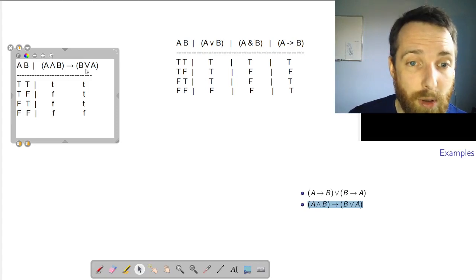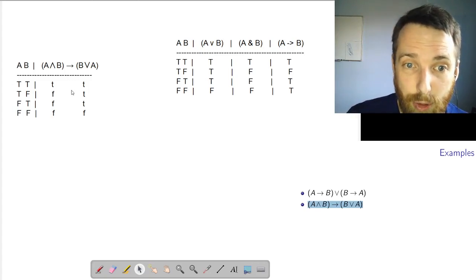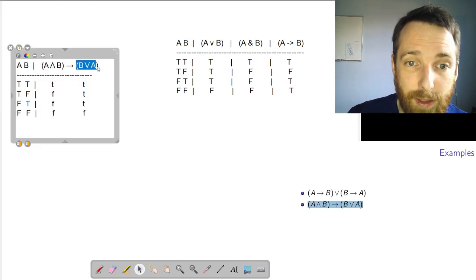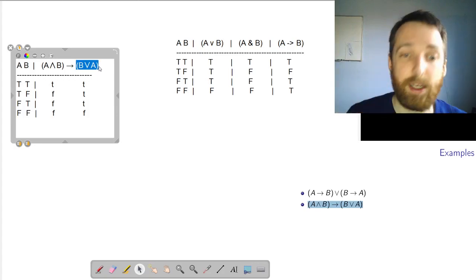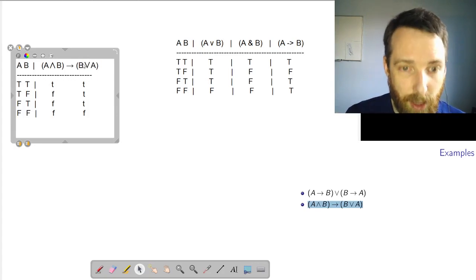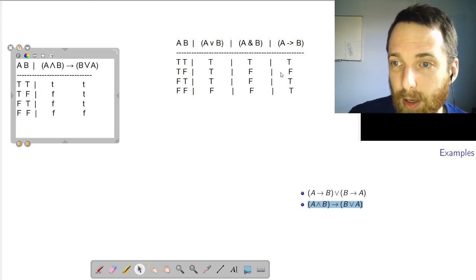So now I've done my 2 rough work columns. I've figured out this. I've figured out this. Now I'm ready to stick those things together with the rule for the arrow. So I am getting true arrow true. I check that column of the arrow rule.